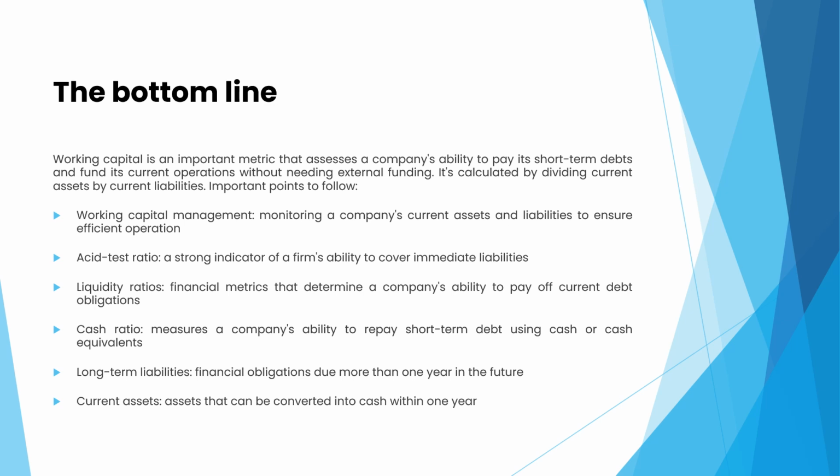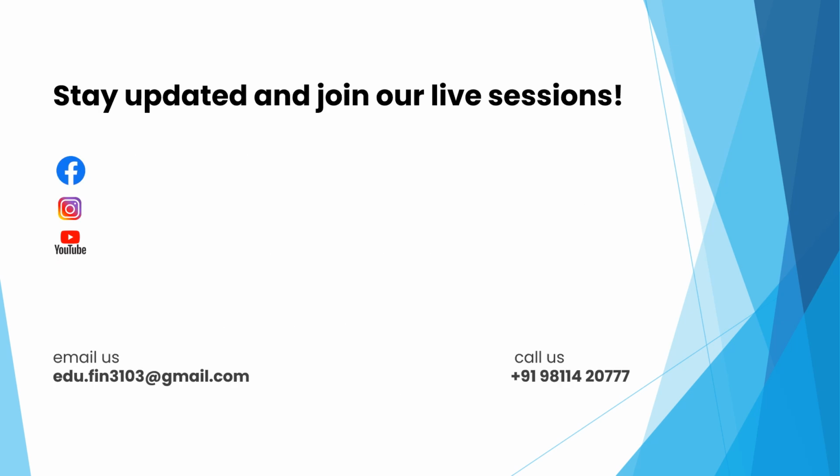Cash ratio is an important measure for a company's ability to repay short-term debt using cash or cash equivalents. One should be mindful of long-term liabilities also, which are due in more than a year's time. Current assets, assets that can be converted into cash within 1 year.